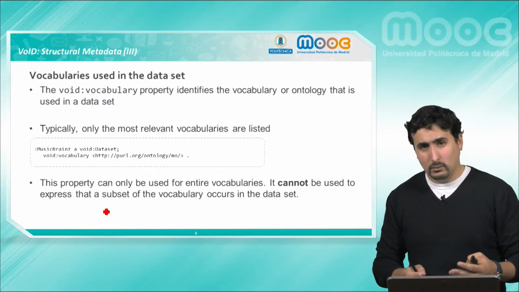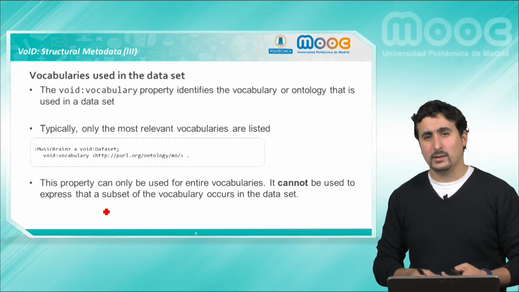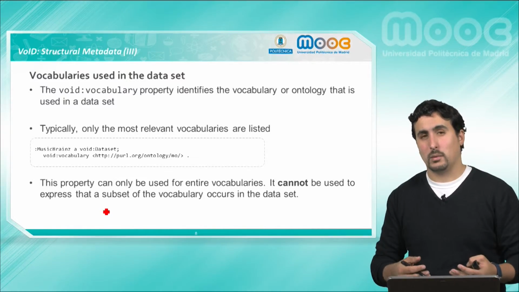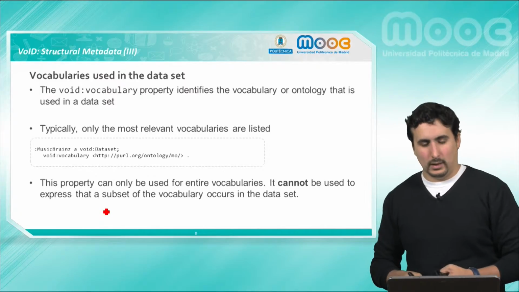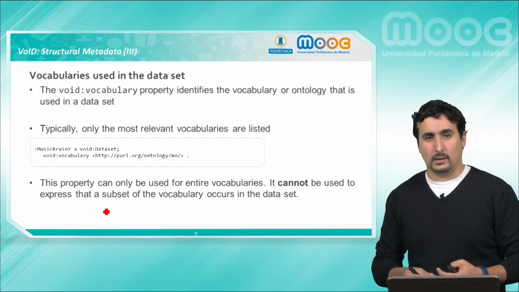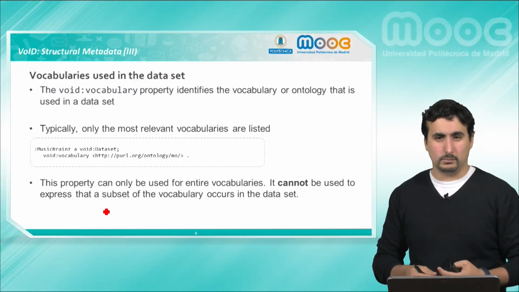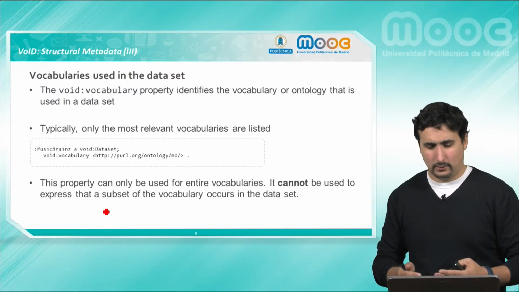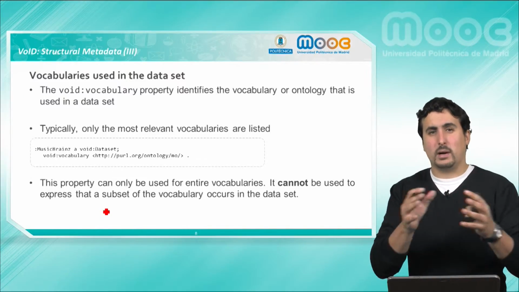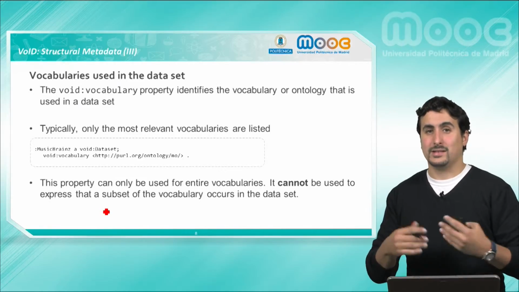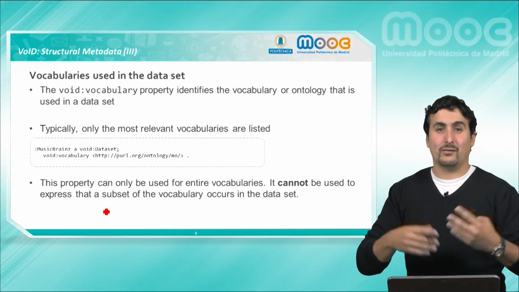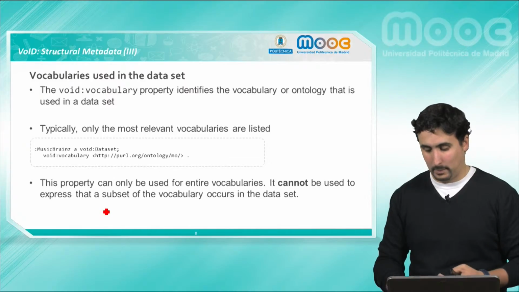We have to take into account that we can only specify full vocabularies, not parts of them. So if we are using FOAF, we cannot state which parts of FOAF we are using. We can only say that we are using FOAF as a vocabulary, the whole vocabulary.